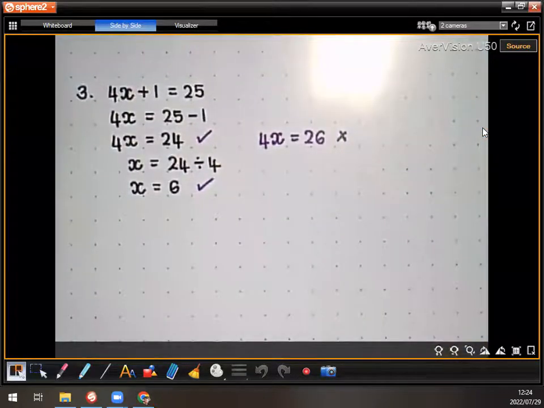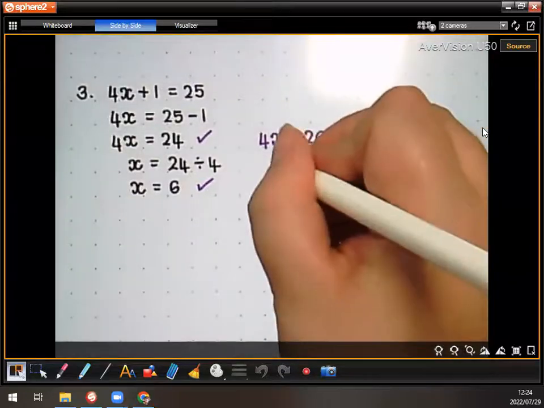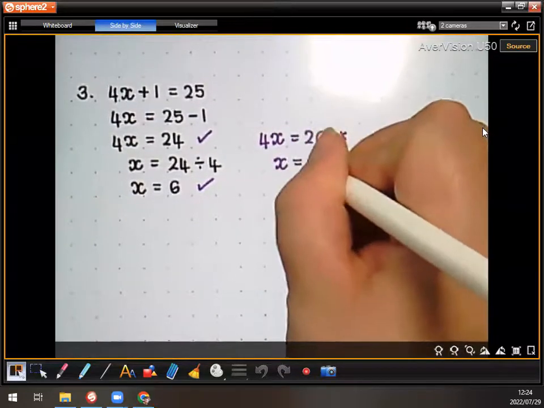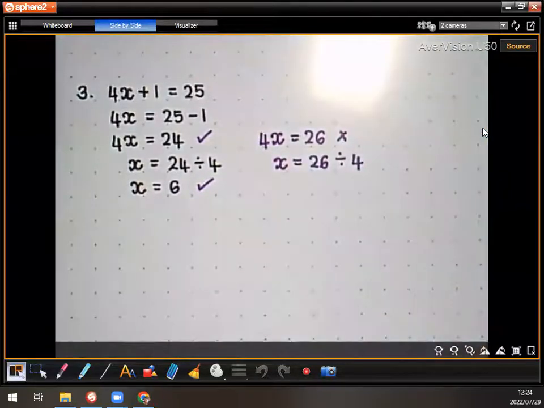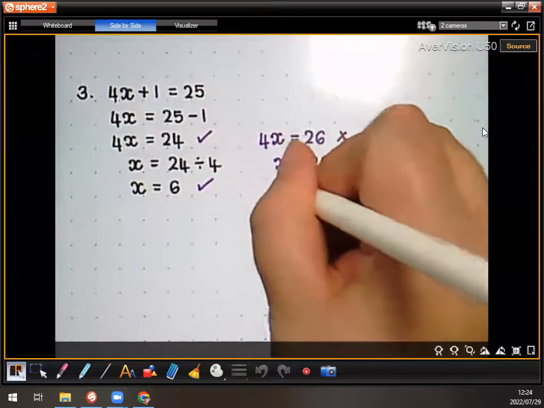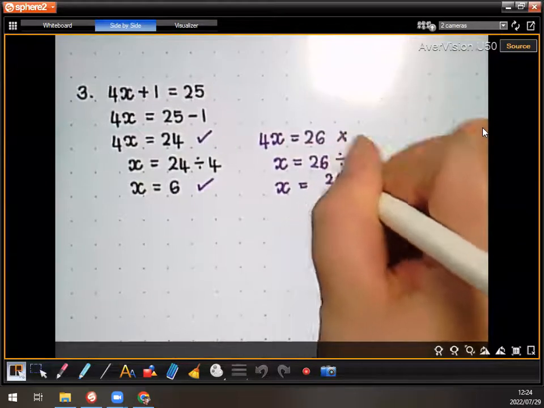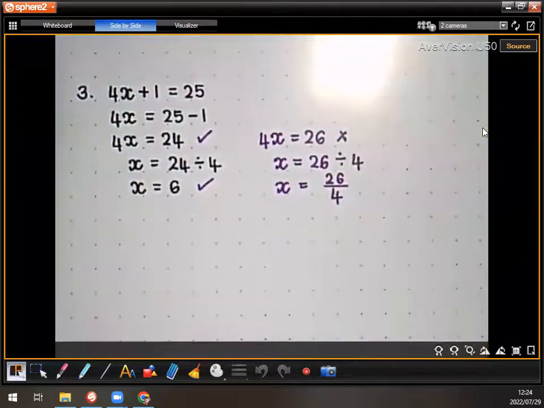But now, if you go further and you say, okay, x is then equal to 26 divided by 4, this is not a whole number, but we can write it as 26 over 4. And can I simplify that, guys? Is there a number that goes into 26 and 4? 2, hey? Not 4, unfortunately. 2 though.